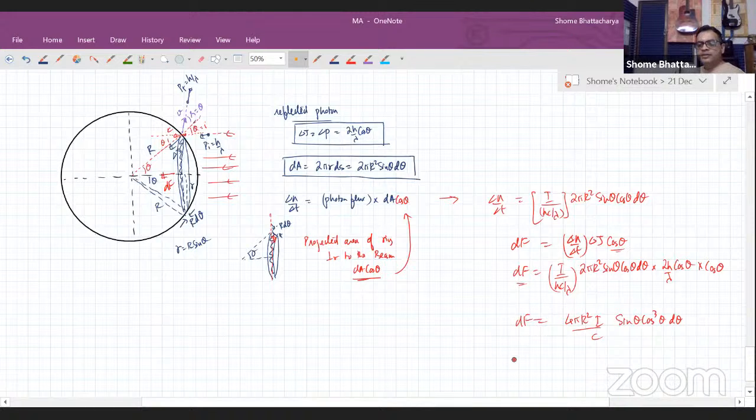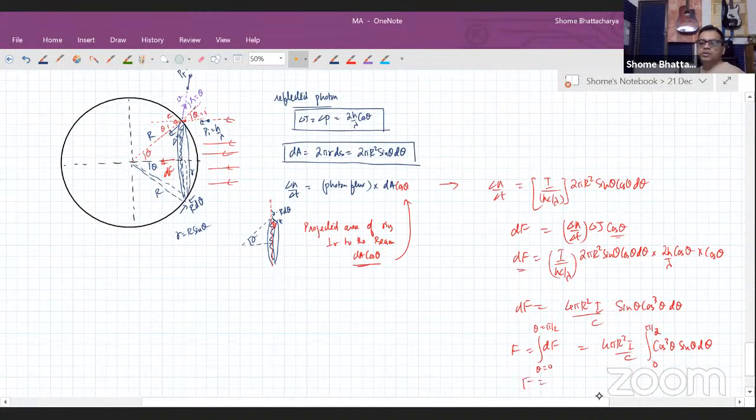Okay. So for the net force, we have to integrate this from θ equal to 0 to θ equal to π by 2, and from that you will be able to calculate the force. You put cos θ as z, so sin θ dθ becomes minus dz. So this will become z to the power 4 divided by 4.